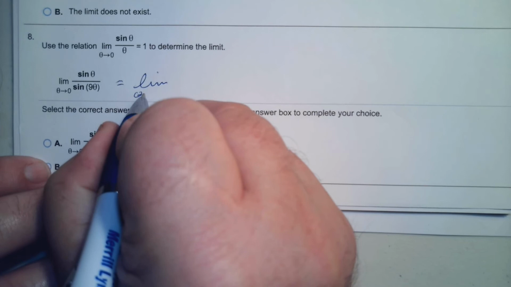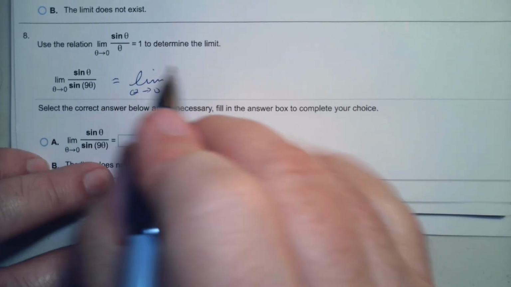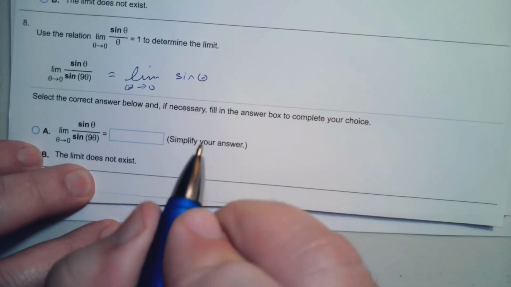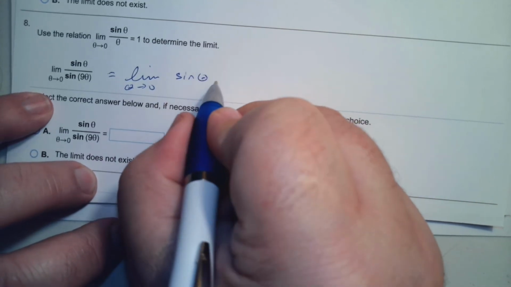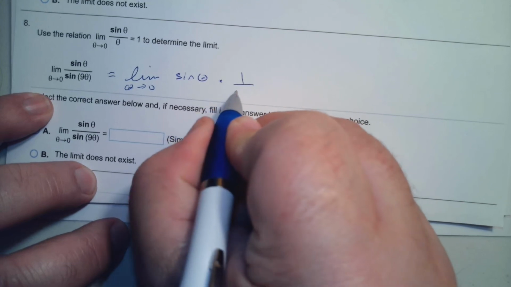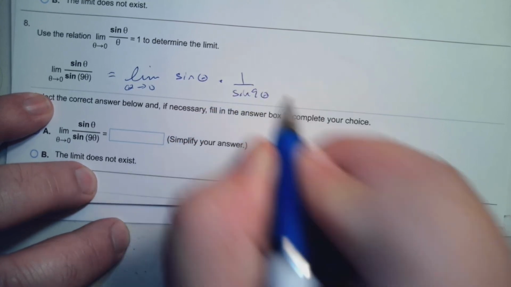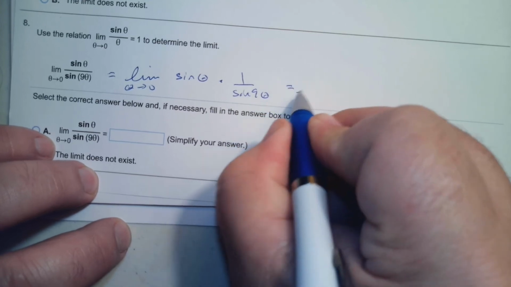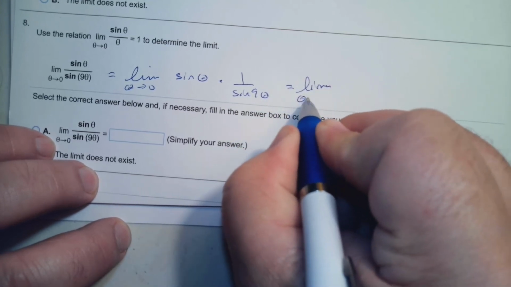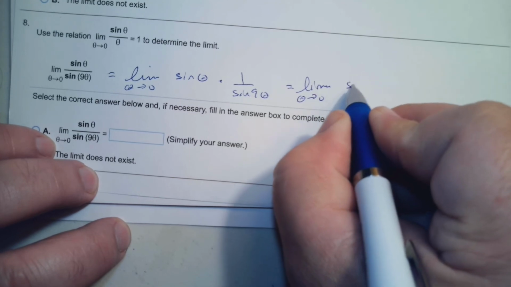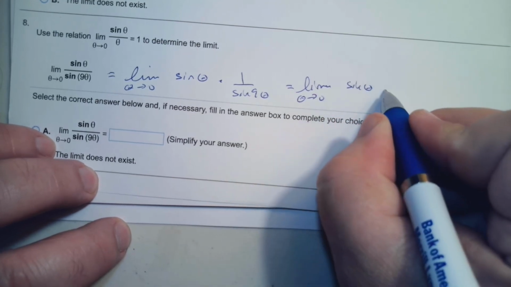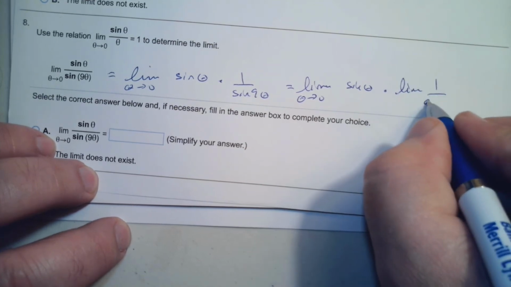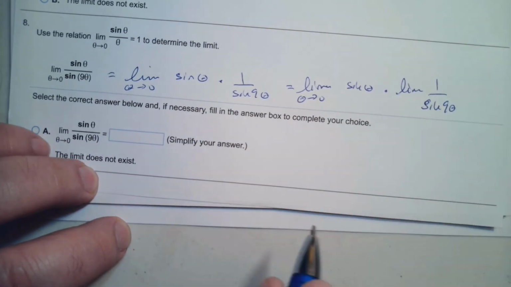So this one, as theta goes to 0, we have two parts. We have sine theta times 1 over sine 9 theta. Limit theta goes to 0 of sine theta times limit of 1 over sine 9 theta.